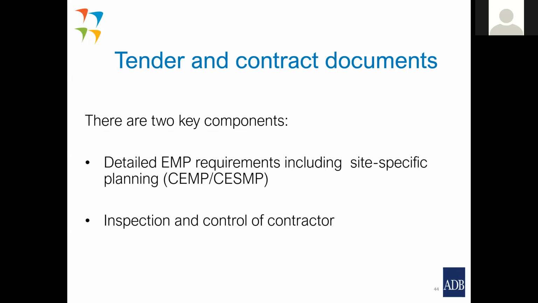So just a note here, a level of professional judgment should be used when the environmental management plan requirements are being drafted, to ensure that they are relevant to the nature and scale of the project and that they are fit for purpose. Sometimes you can put in a whole lot of requirements that are irrelevant to a small project.